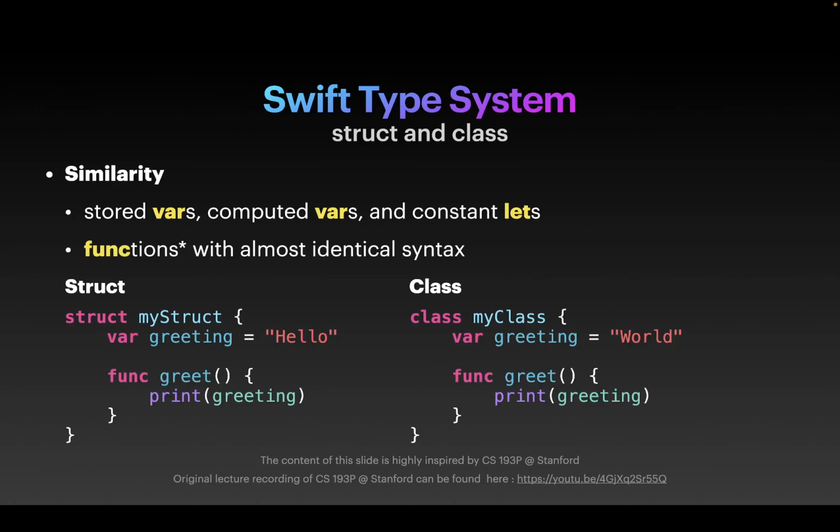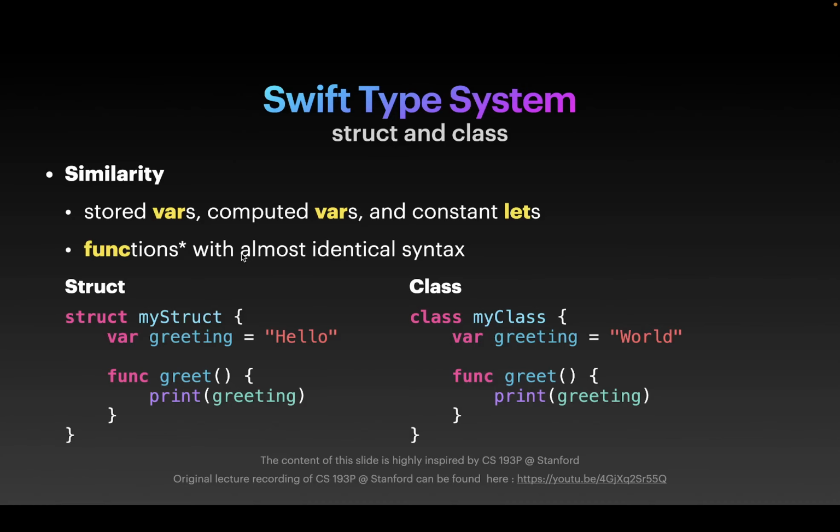Another similarity is that both struct and class can have stored variables. In this case, the greeting is a stored variable. They can also contain computed variables, which is what I just mentioned before. They can also contain constant lets, which is again a variable declared with let, so it's really a constant.